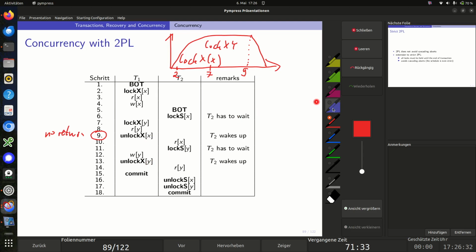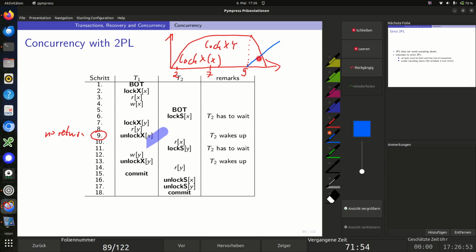In the meantime I have my shared lock of X, but as we see, we have to wait until the first lock is released. So here we can start with T2 after step 9.